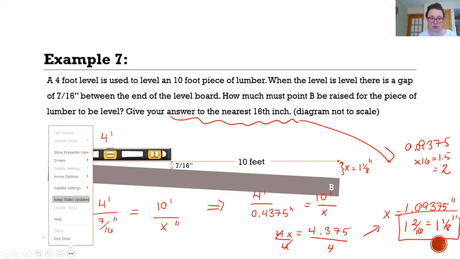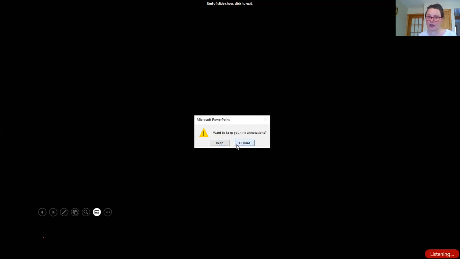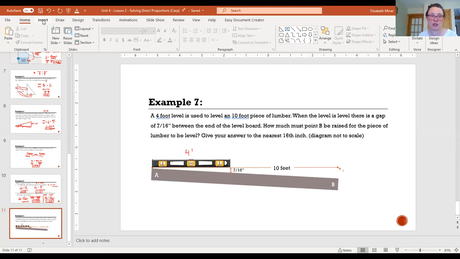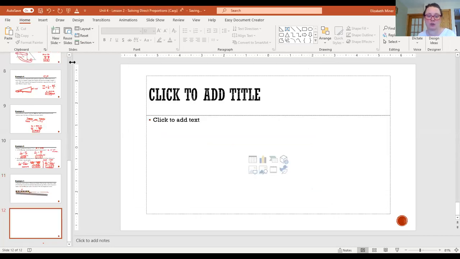I can't see where to give us a blank slide, so let me just insert a slide and we'll quickly give you a sketch.